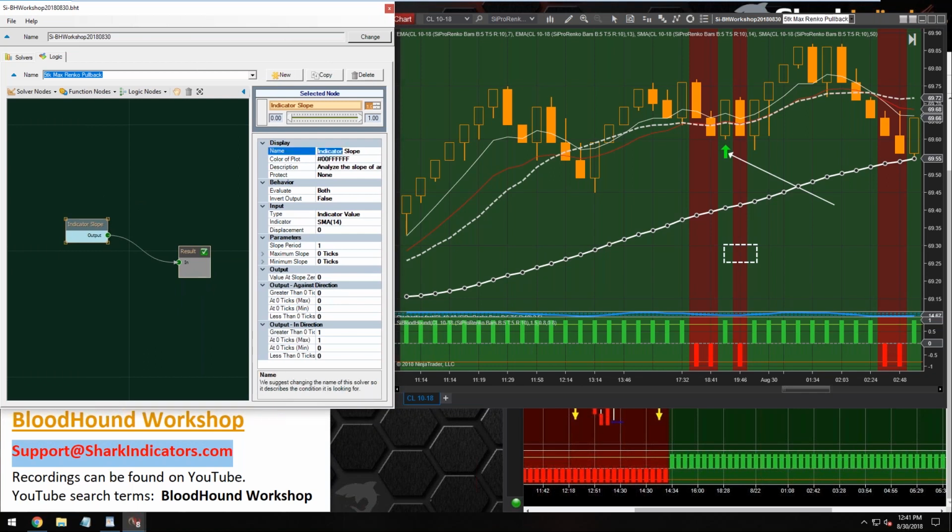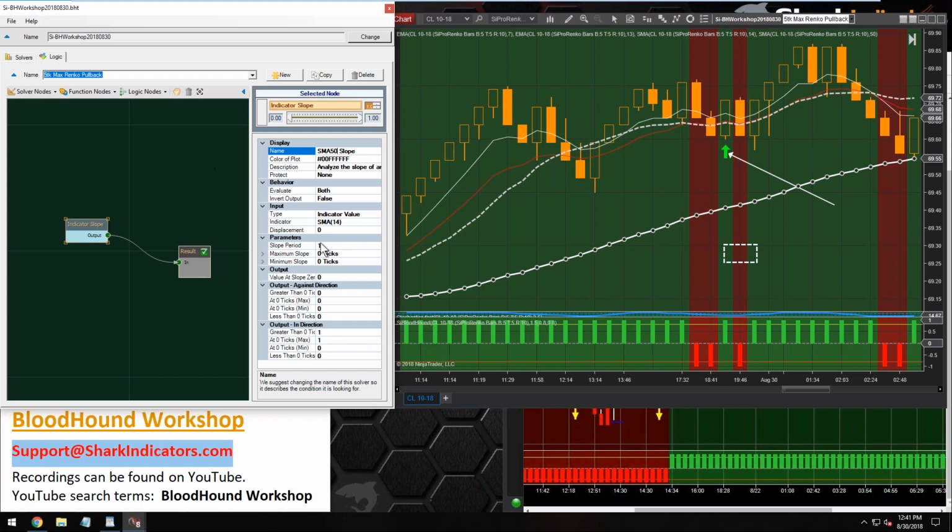Let me name this here. All right, so the actual moving average and period were not given to me, so I'm just going to substitute. I think I used an SMA 50. Yes, an SMA 50.